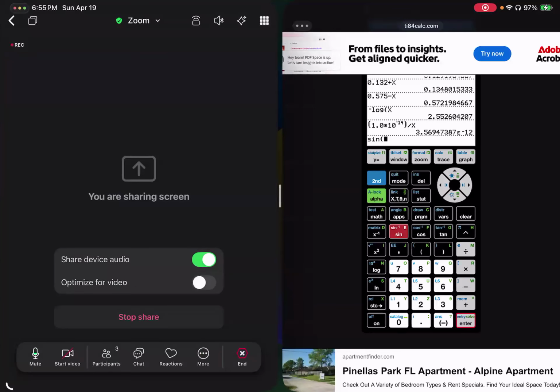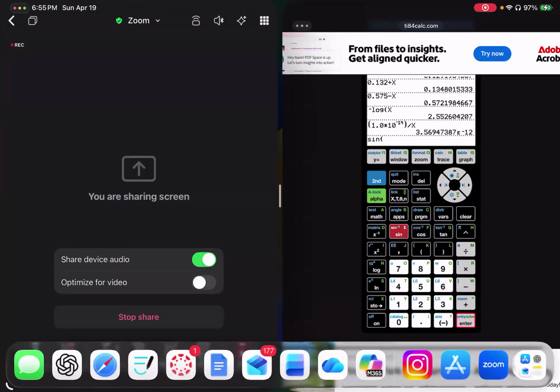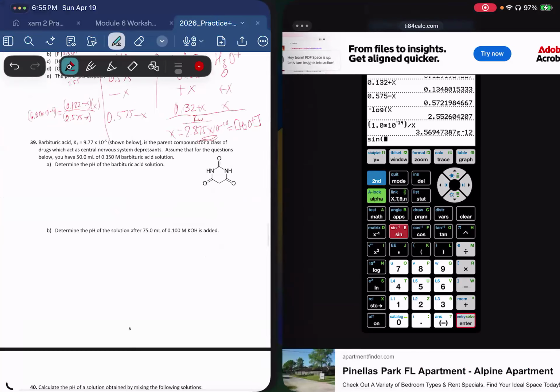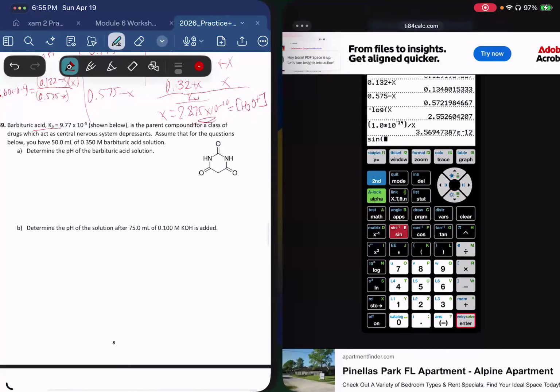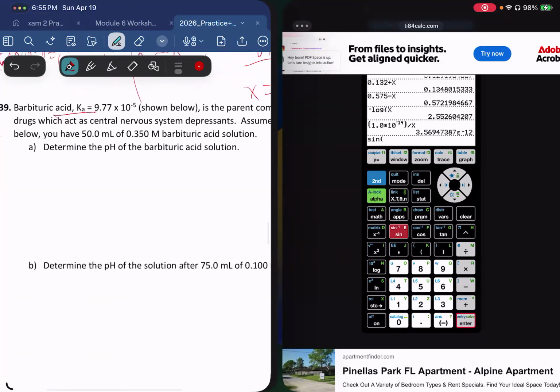Okay, all right, let me continue. Next up, we've got this barbituric acid. We want the pH of this acid, which gives off one hydrogen, so we don't need to know the formula.